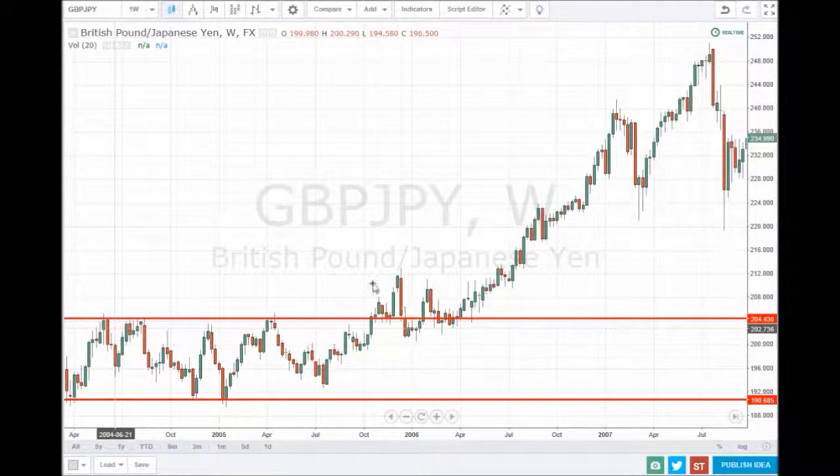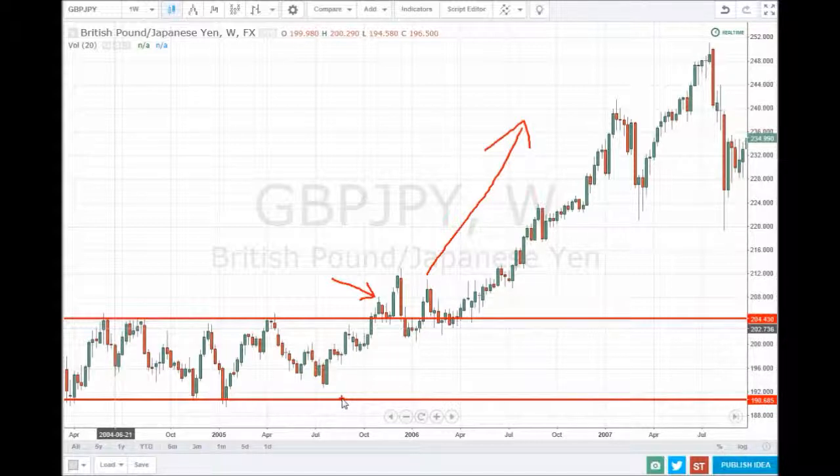You'll notice eventually that price does break out on the upside, and as illustrated in the slides, price then uptrends. If price broke on the downside, it's likely that price would have downtrended.